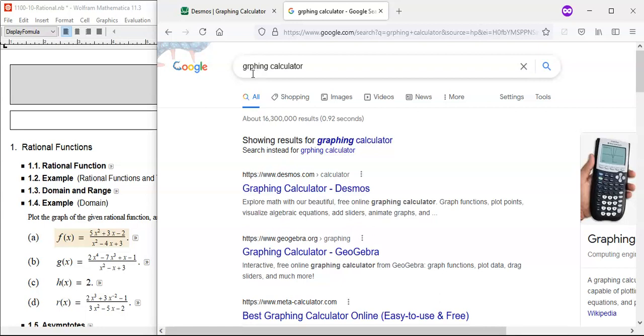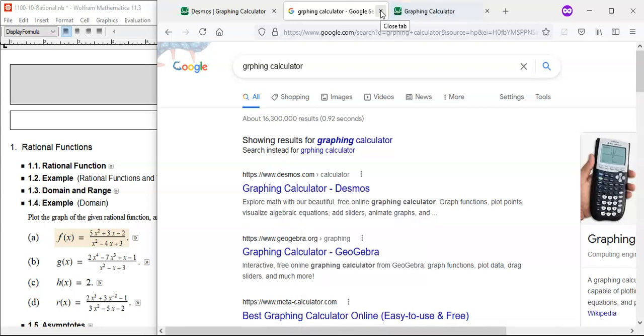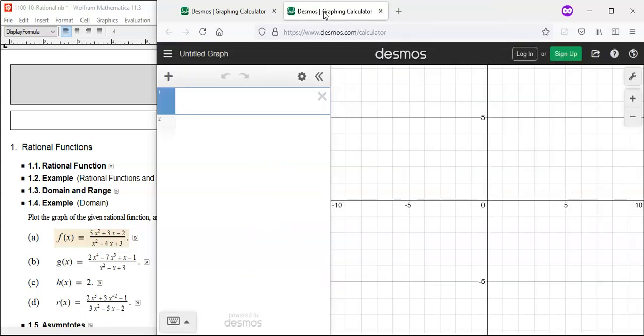As a matter of fact, I made a typo, but still Google found Desmos graphing calculator, so let's use that. It's free, and Desmos also has a free app, so please download it and install it to your phone.